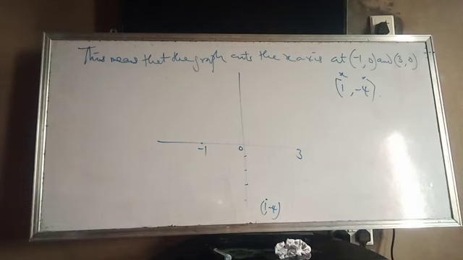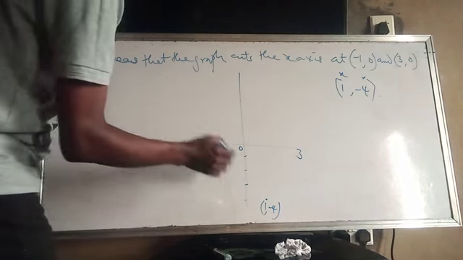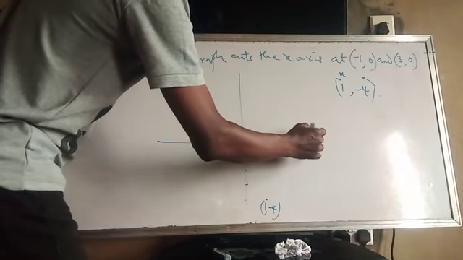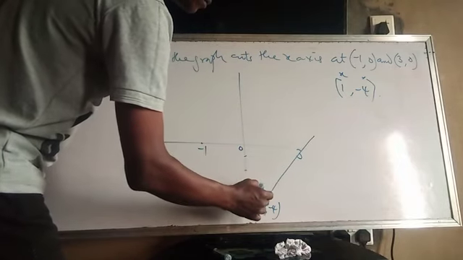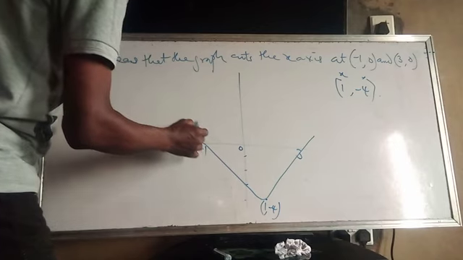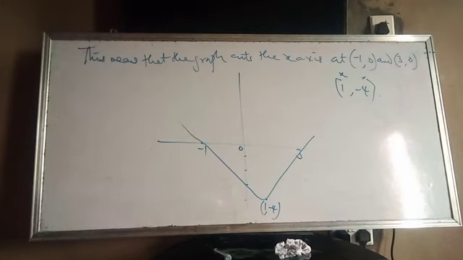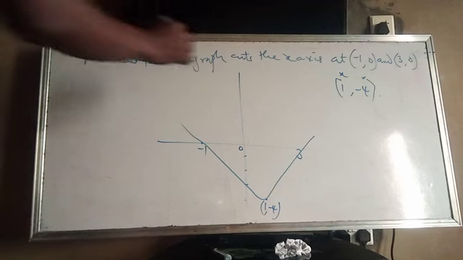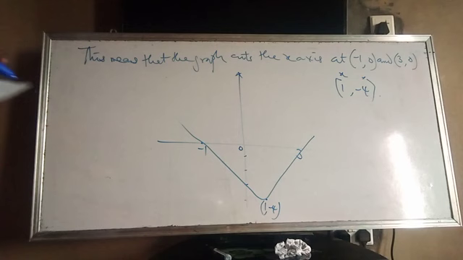So what's the problem now? It now connects. That's all. This is the graph we are asked to plot.